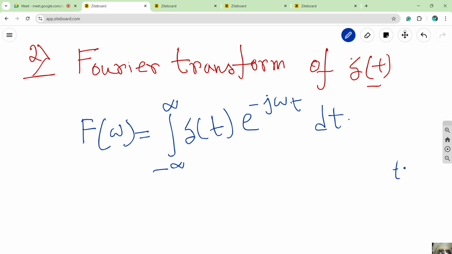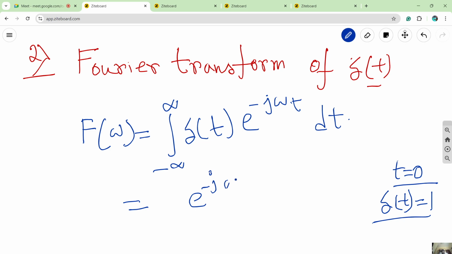So for t equal to 0, this delta t is only 1. So this will have a value of e to the power minus j omega times 0, because only for t equal to 0 will this have a value 1. So this is equal to 1. So the Fourier transformation of delta t equals 1.